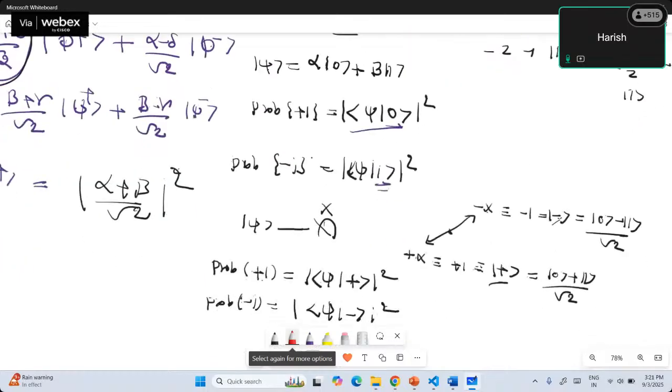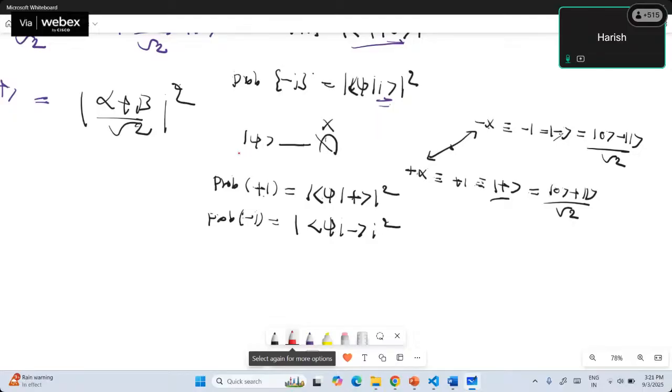So suppose the X basis measurement is performed by the inner product with psi plus and psi minus; we can do it with the Z basis also. Let us see how.